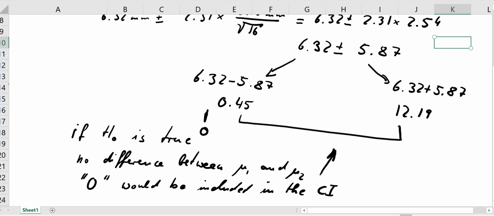That means actually that our null hypothesis, we therefore can say our null hypothesis is rejected.